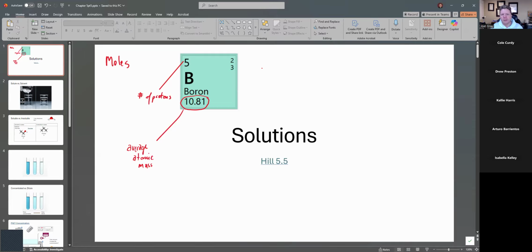Now, if I showed you this 10.81, there's also a possibility I might round it up to 11, in which case you'd say, okay, well, that's the atomic weight, and that is equal to the number of protons plus the number of neutrons.